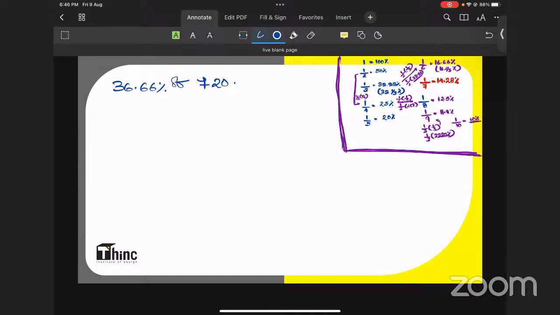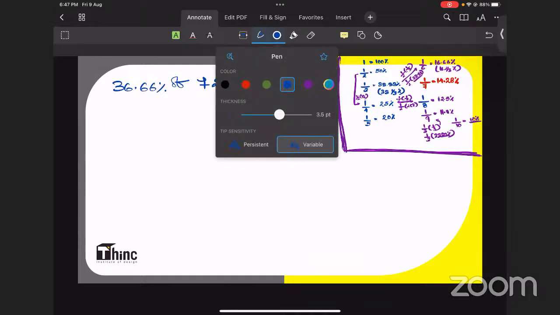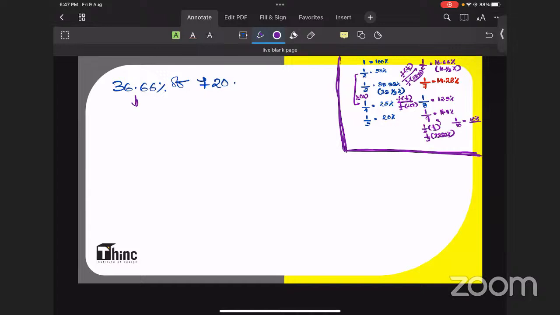So how will you solve this? 36.66%. We can split this: it is 25% plus 11.11%, of 720. 25% means 1 by 4, plus 11.11% means 1 by 9, of 720.